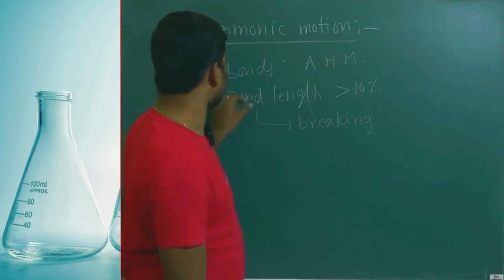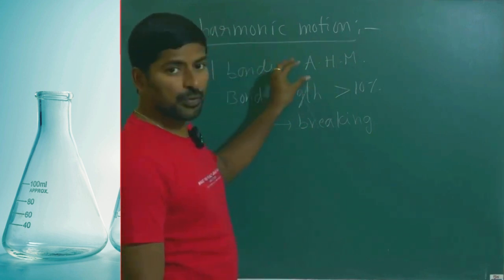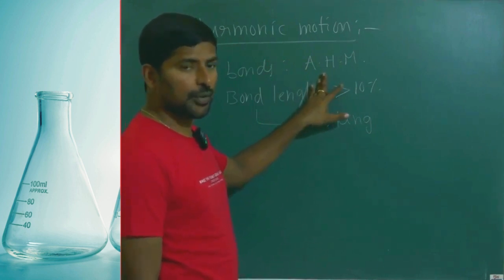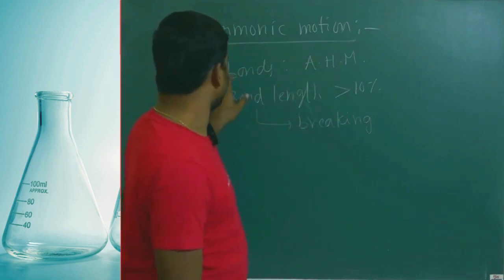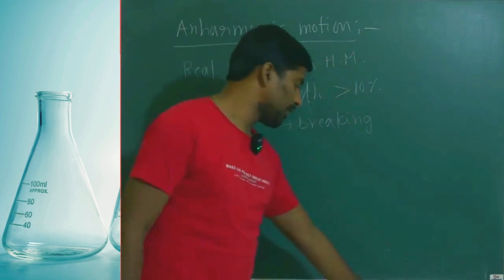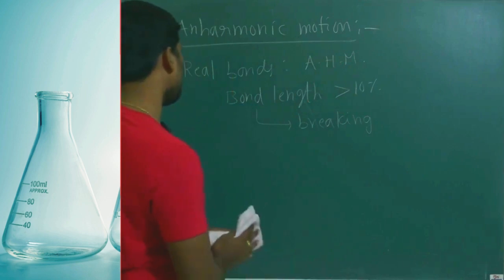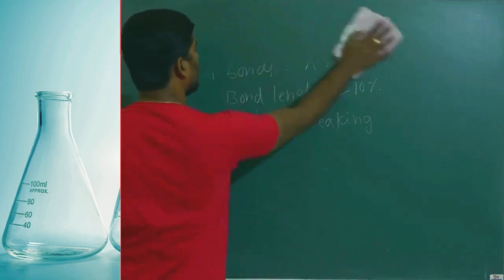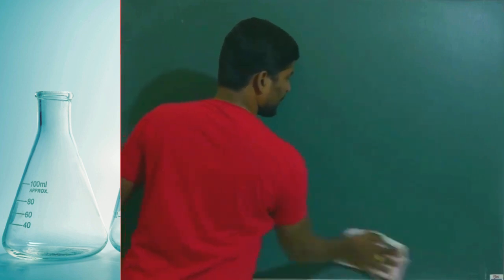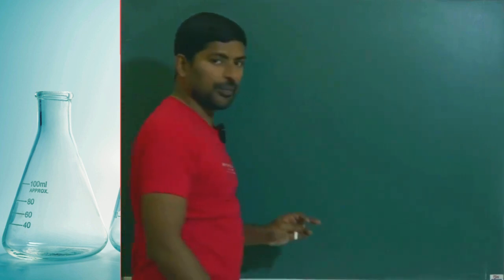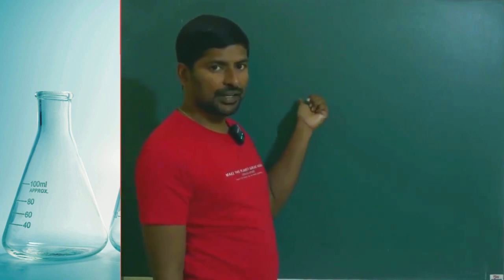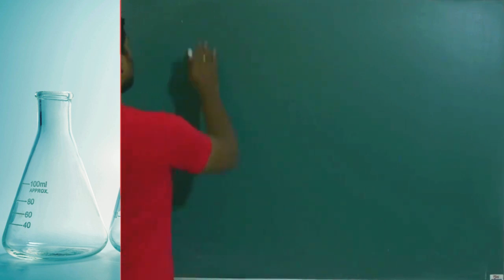That means real bonds follow simple harmonic motion only up to a certain extent of vibration. So which motion do real bonds follow? Anharmonic motion. Real bonds follow Hooke's law up to a certain extent only. For a greater extent of vibration, they may not follow Hooke's law. They may undergo breaking. So that is called anharmonic motion.